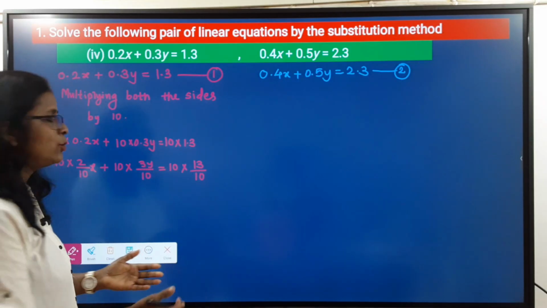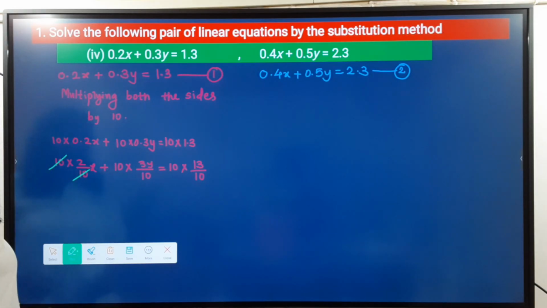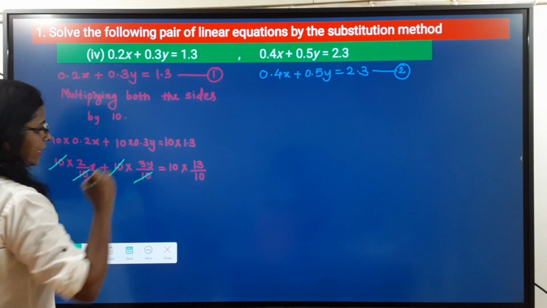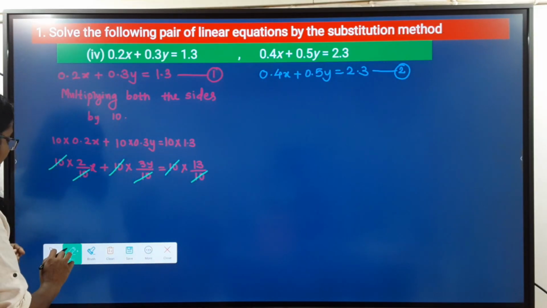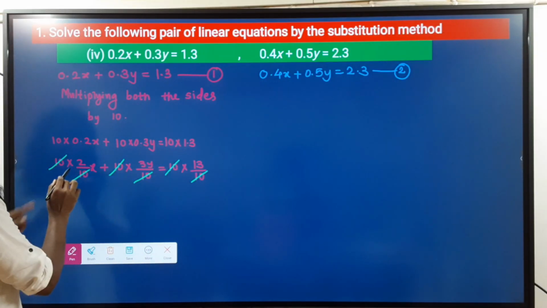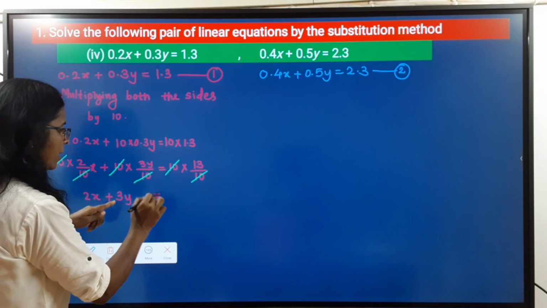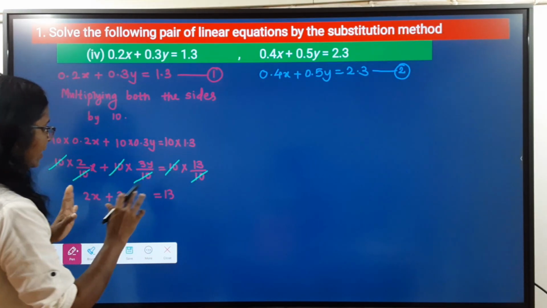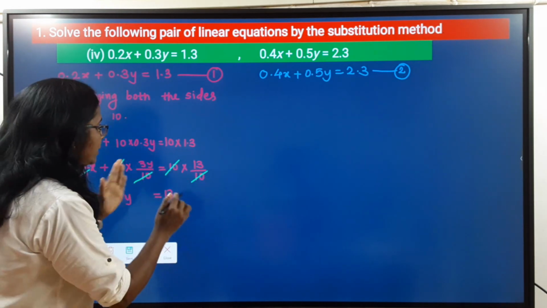Then further simplify, here 10 gets cancelled, in the second term 10 gets cancelled, and at the right hand side 10 gets cancelled. Our equation becomes 2x plus 3y is equal to 13. I call this the third equation.